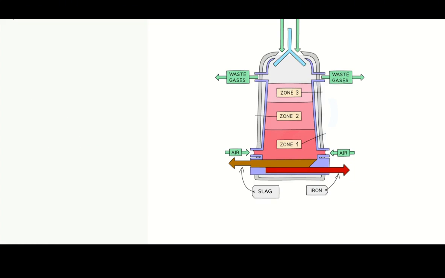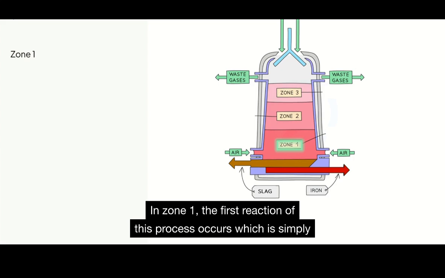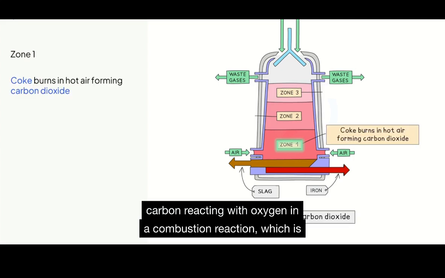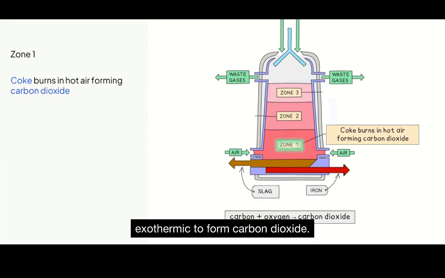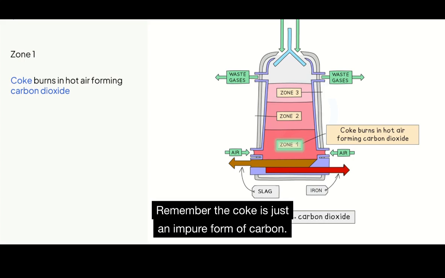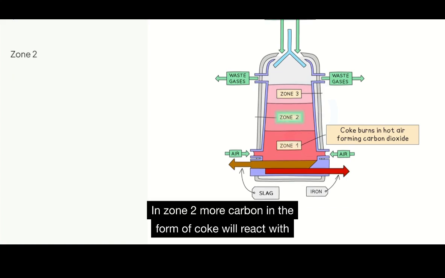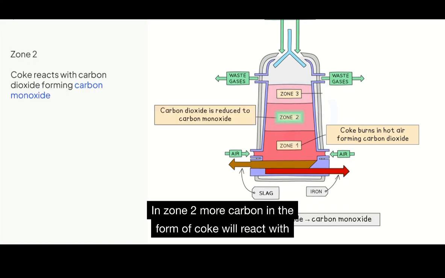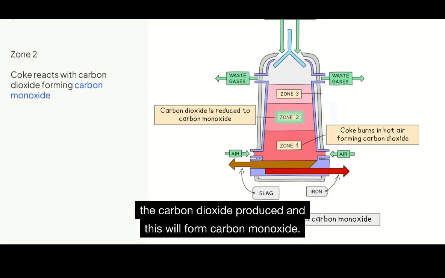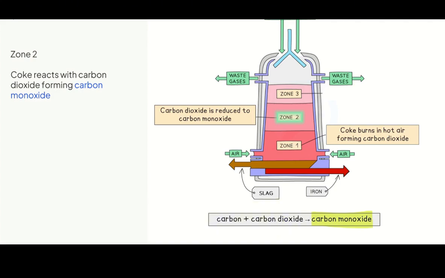In Zone 1, the first reaction of this process occurs, which is simply carbon reacting with oxygen in a combustion reaction, which is exothermic, to form carbon dioxide. Remember, the coke is just an impure form of carbon. In Zone 2, more carbon in the form of coke will react with the carbon dioxide produced, and this will form carbon monoxide.